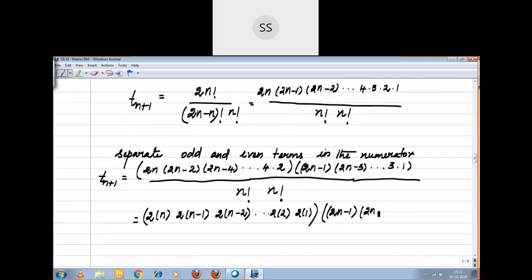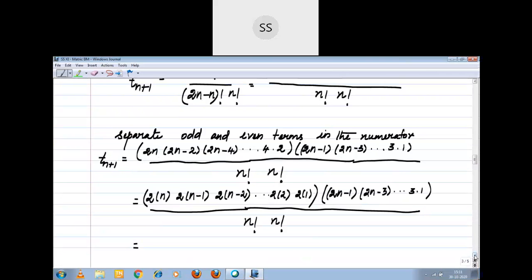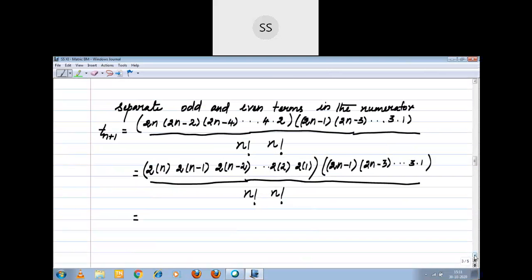Now, in the odd term there is no change, but in the even term you can take 2 as common in all the things. 2 into n, 2 into n minus 1, 2 into n minus 2, etc., 2 into 2, then 2 into 1, even terms.